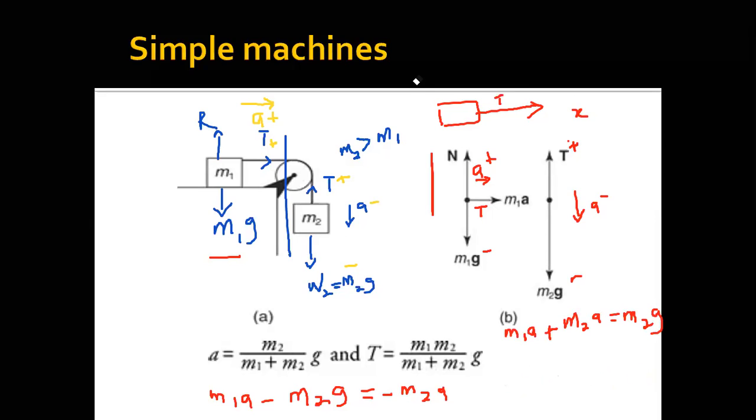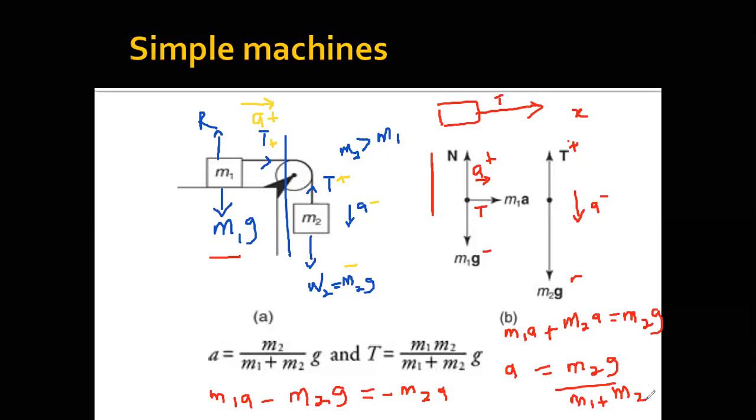Having done that, we can factorize A now and make it the subject. That will be M2G over M1 plus M2. So that will give us the acceleration of our system.